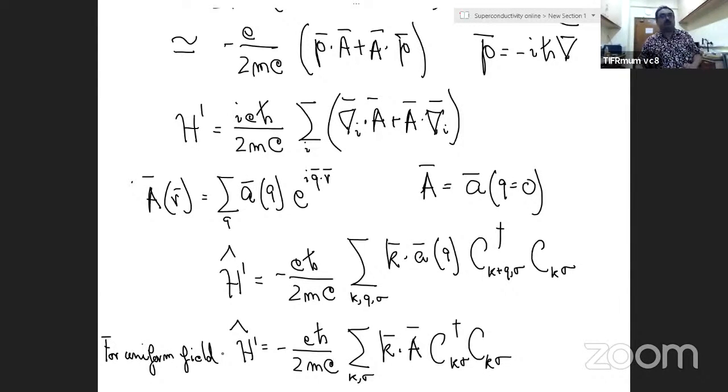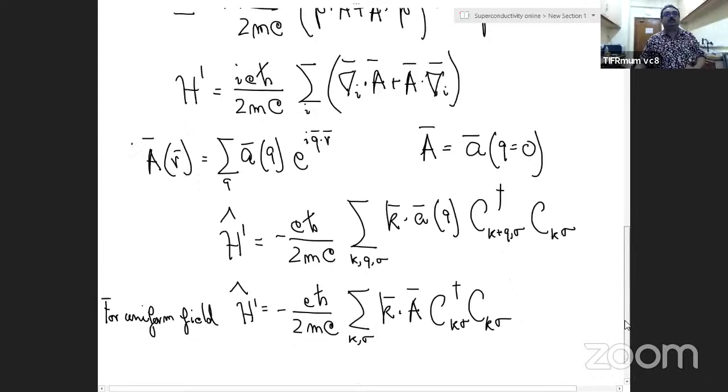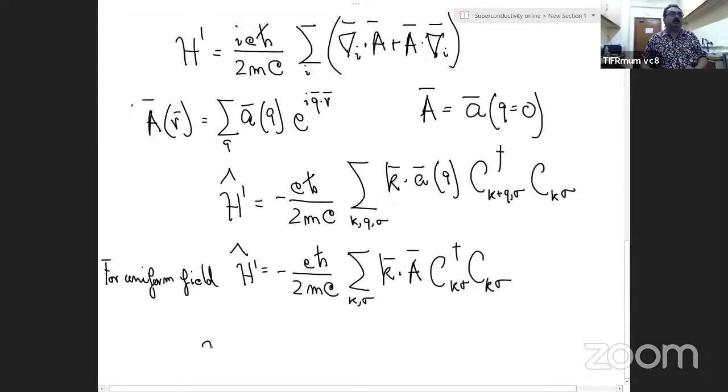The total Hamiltonian, of course, will have the unperturbed part plus this part.